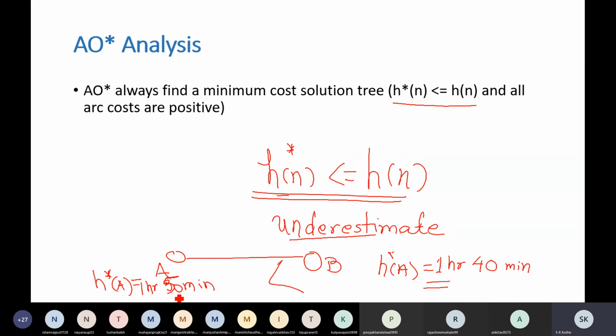Because of this, see here, this cost is 1 hour 50 minutes, actual cost is 1 hour 40 minutes, but you knew that it is 1 hour 50 minutes at this point. There might be some other path. For example, there is another alternative path P to reach this B, and here the estimate is H star P, 1 hour 45 minutes.